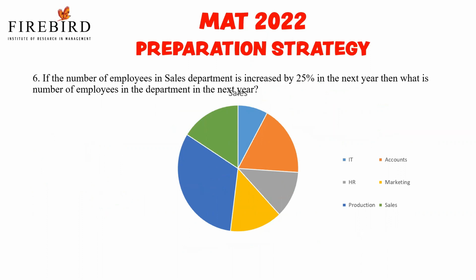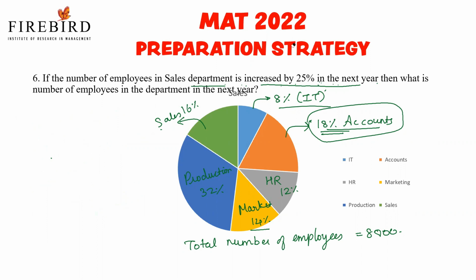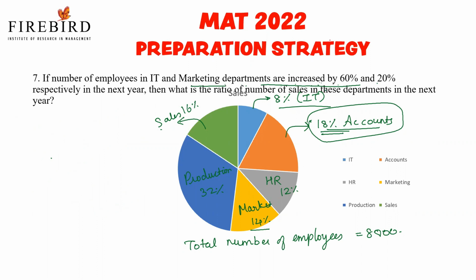Now, see here. If number of employees in IT and marketing departments are increased by 60% and 20%.